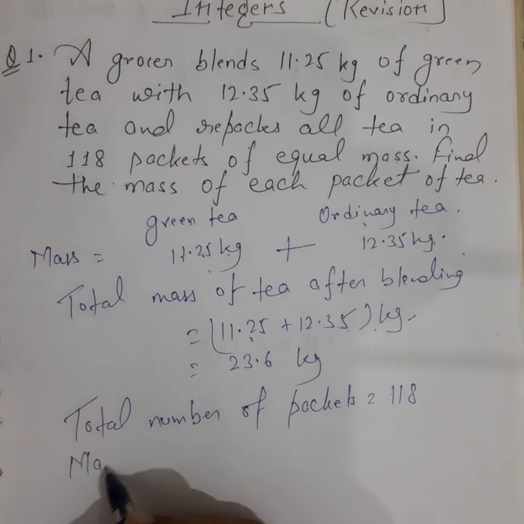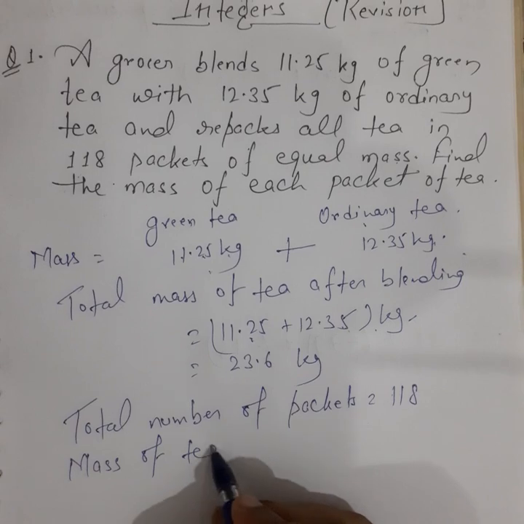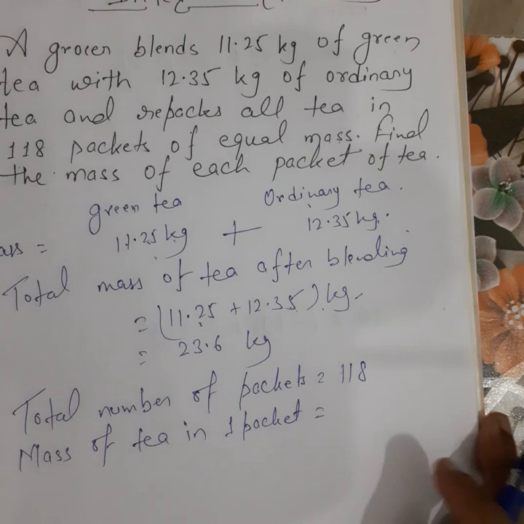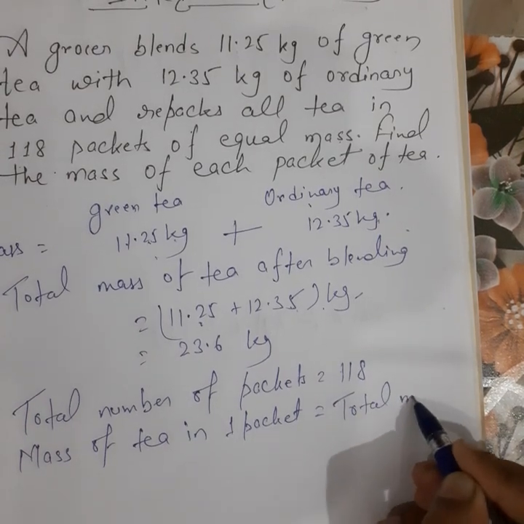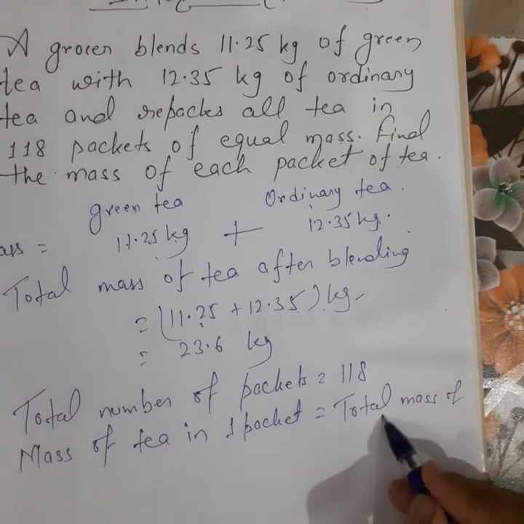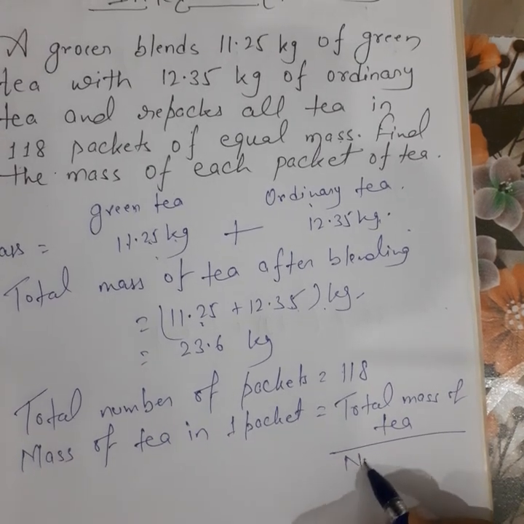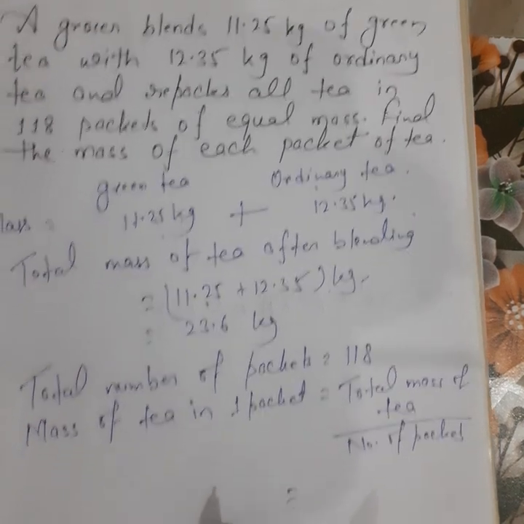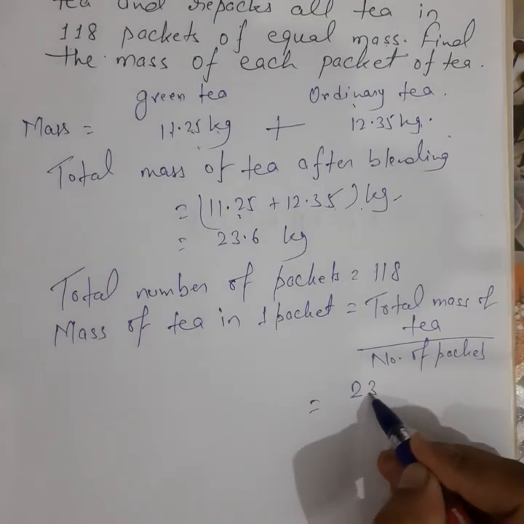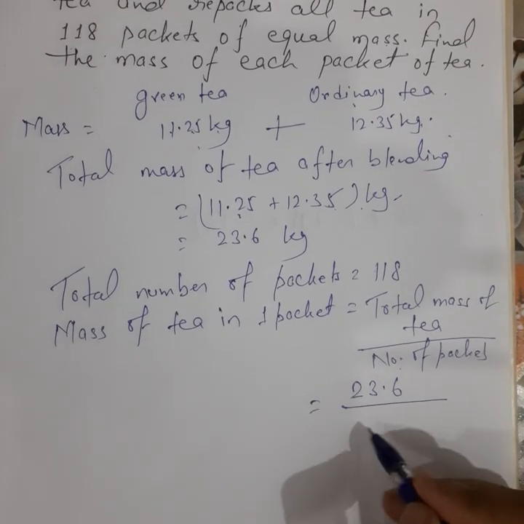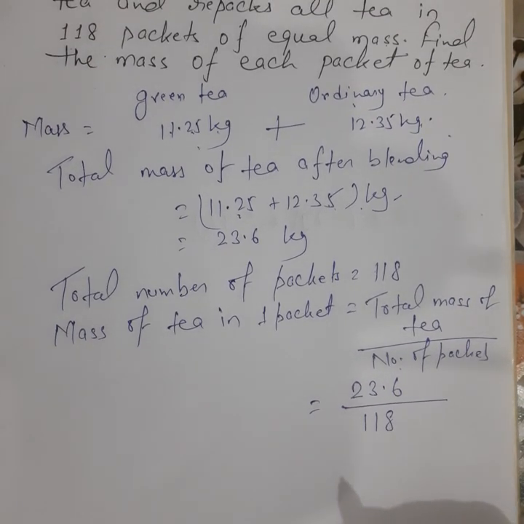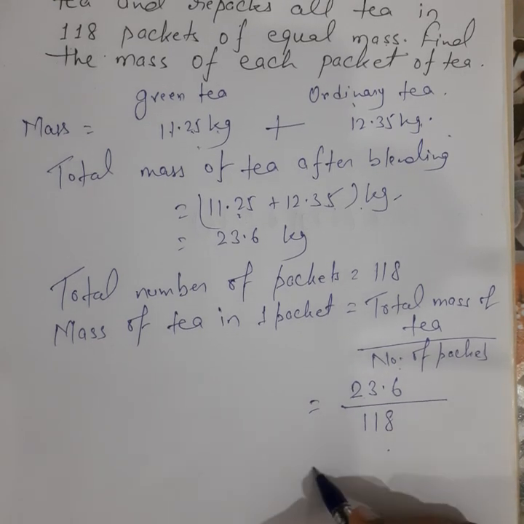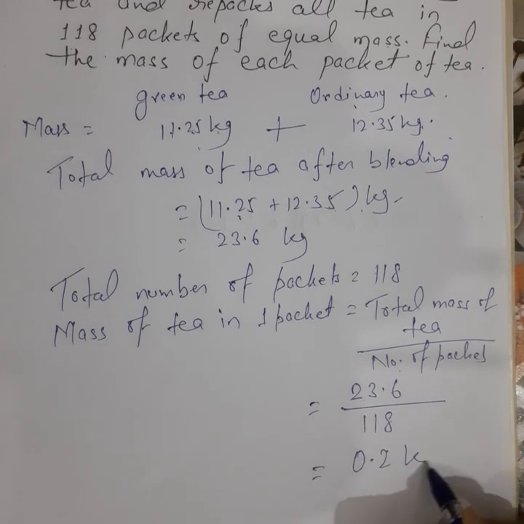We have to find out the mass of tea in one packet, which is equal to total mass of tea by number of packets. Total mass of tea is 23.6 and number of packets is 118. By dividing 23.6 by 118, we get 0.2 kg.